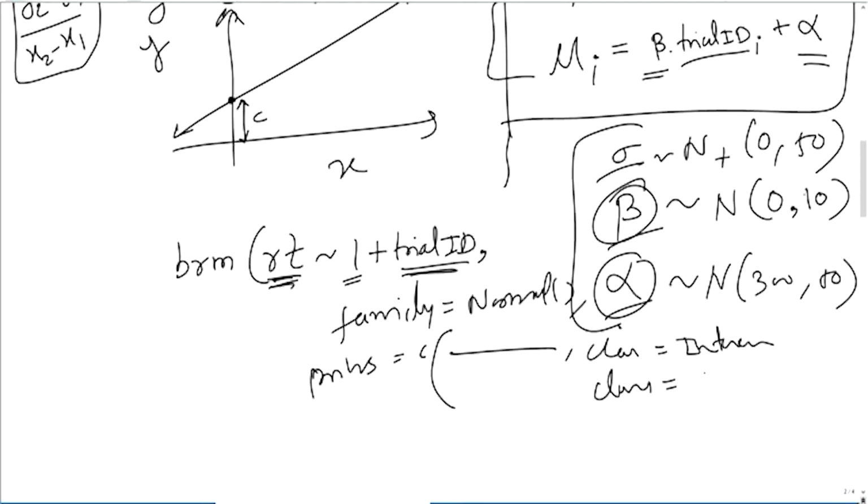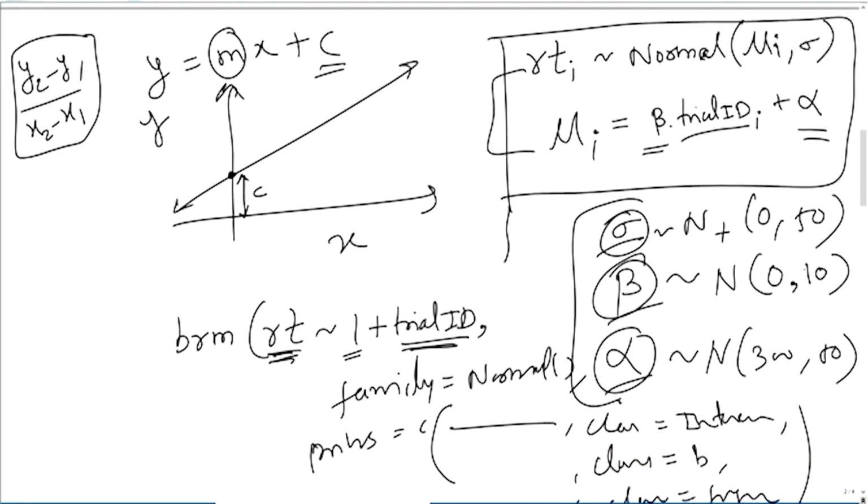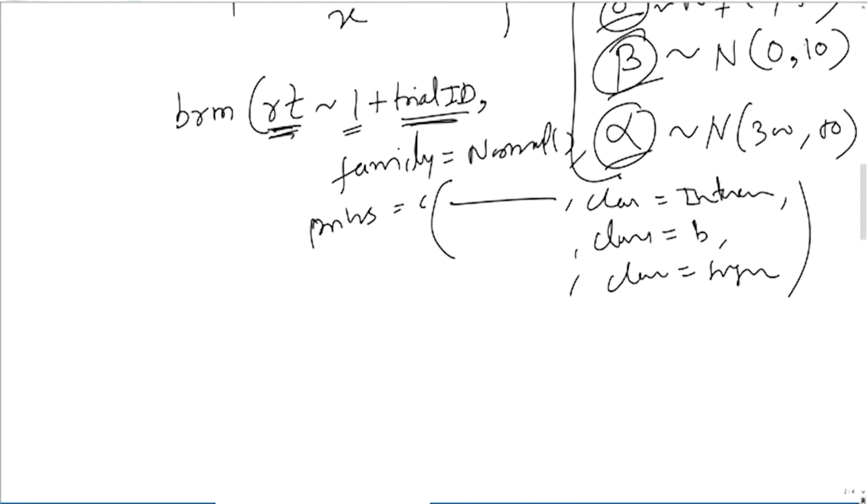The class for these parameters is, I think, b, so you just need to write class equals b. And the third one is sigma, so class equals sigma. So this is how you define the priors. And now the model will give you estimates for alpha, beta, and sigma. So this is how a simple linear regression model works.